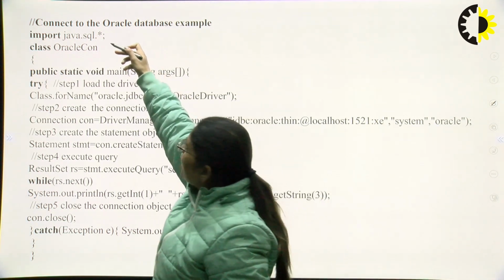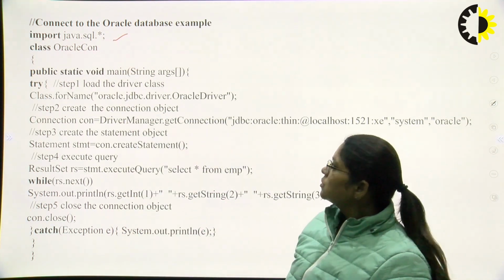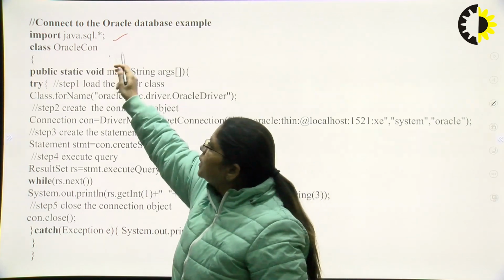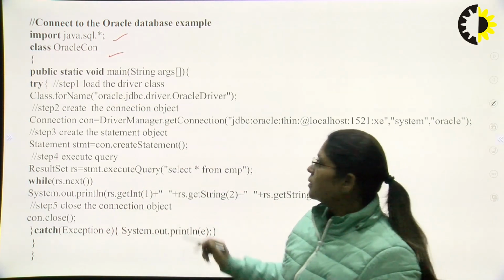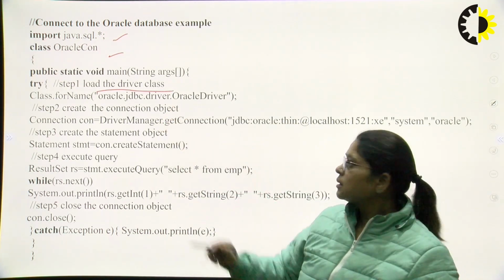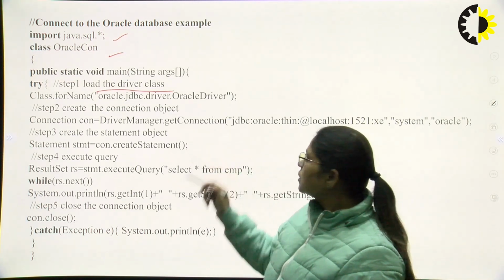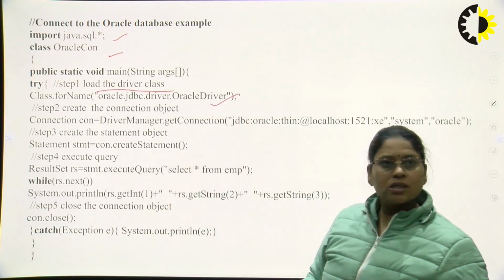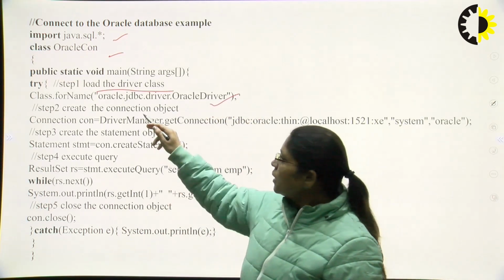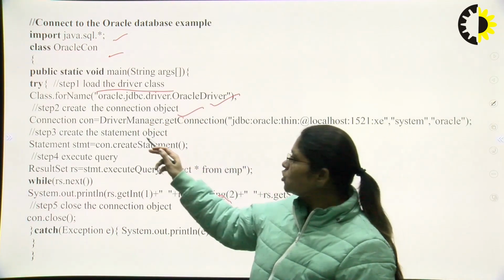First of all, we have to import the SQL package, then for the Oracle class, the first step is to load the driver with Class.forName, which is a method of the Class class. Then we load the driver. In the second step, we create the connection through the Connection object.